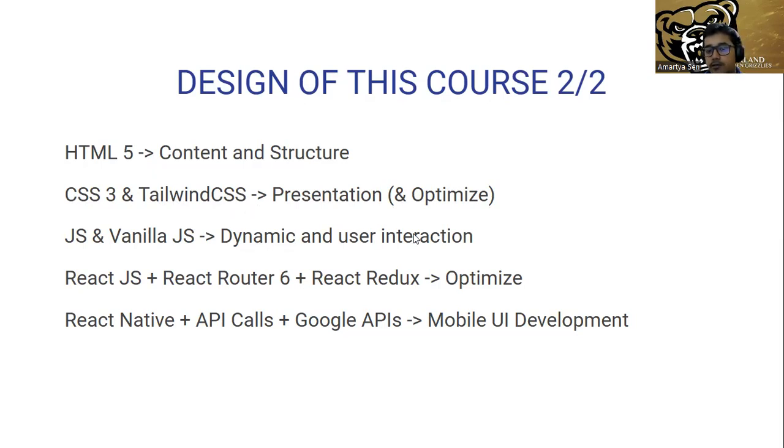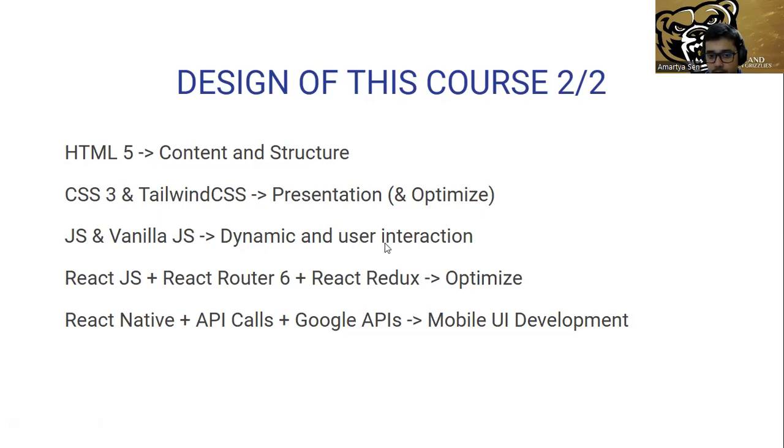For dynamic and user interactions to be present in your web applications, we will learn JavaScript as a programming language first, and then we will learn about vanilla JavaScript without any additional add-ons, as to how JavaScript can be used to manipulate our UIs and how it can incorporate user interaction.